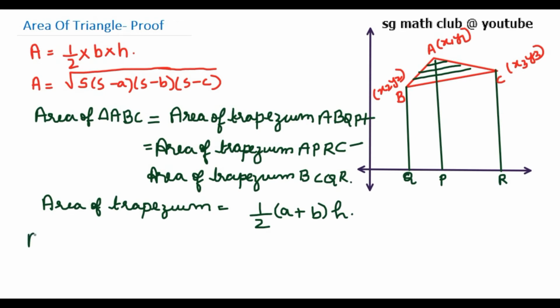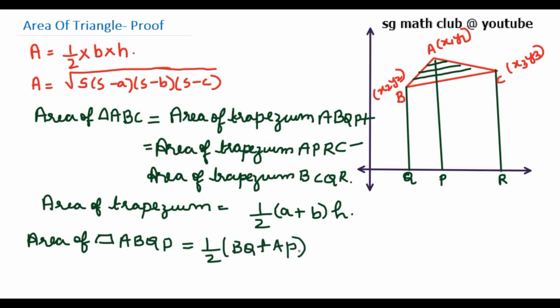So let's first find the area of trapezium ABQP. The parallel sides are BQ and AP, and this is the height of the trapezium. This distance and the distance QP are the same, so I am going to write it as QP, which is equal to BQ.